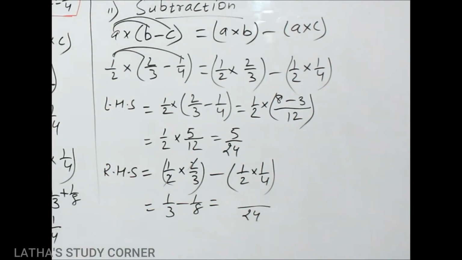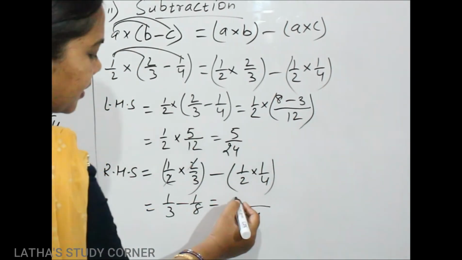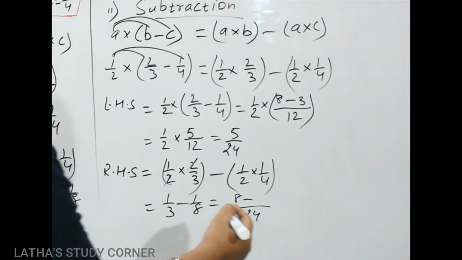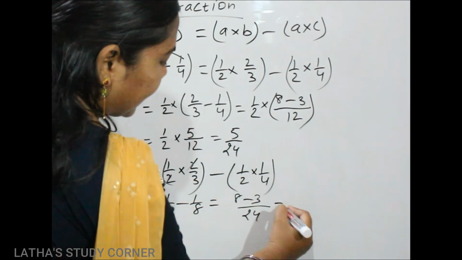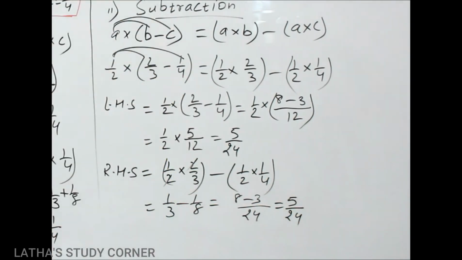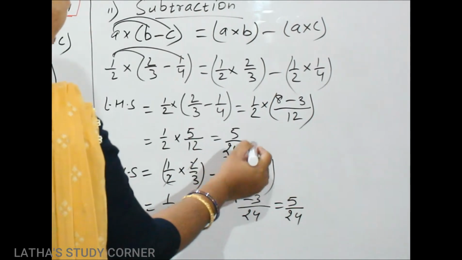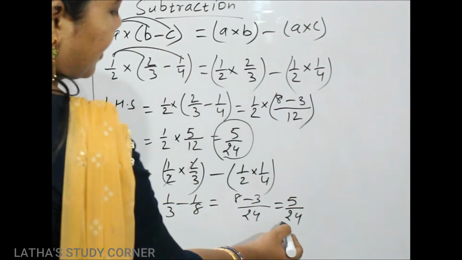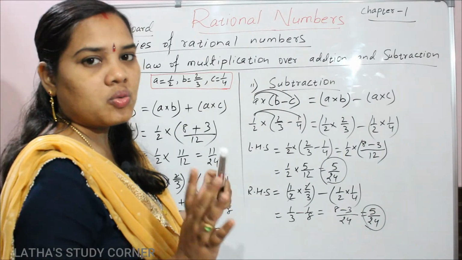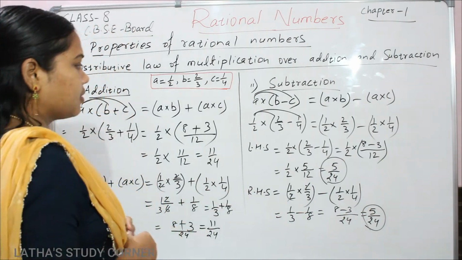So 24 by 3, 8. 8 into 1, 8, minus 24 by 8, 3. 3 into 1, 3. So 8 minus 3, 5 by 24. You can see, children, here LHS value is 5 by 24 and RHS value is also 5 by 24. It means the distributive law over addition and subtraction, both are true.